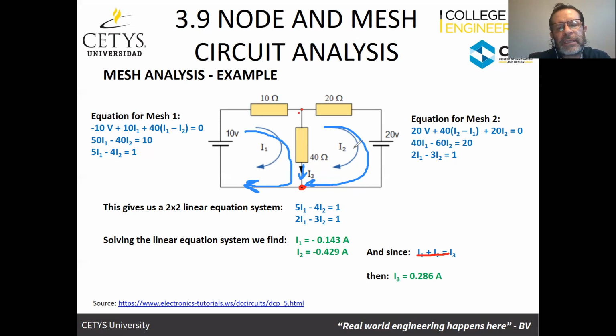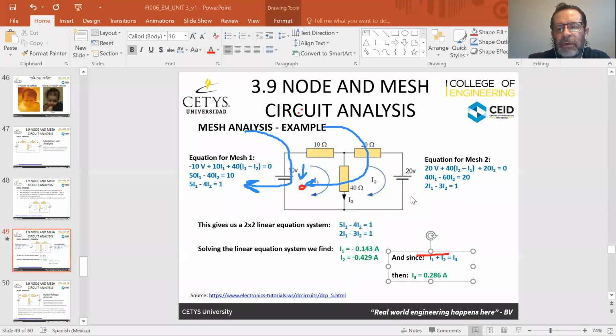And so the currents that are going in are I2 and I3, and the current that is going out is I1. So let me correct that here. Let me just write that down here.